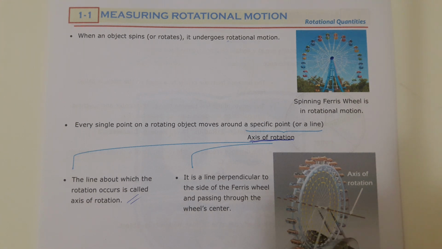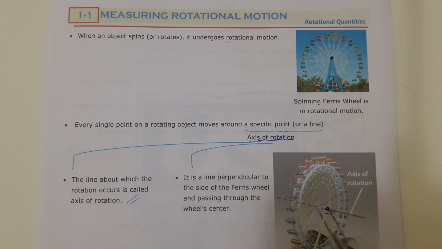And a specific definition of the axis of rotation for a Ferris wheel is like this. It is a line perpendicular to the side of the Ferris wheel. This is the side of the Ferris wheel, and this line must be perpendicular to this side. So it is a line perpendicular to the side of the Ferris wheel, passing through the wheel's center.